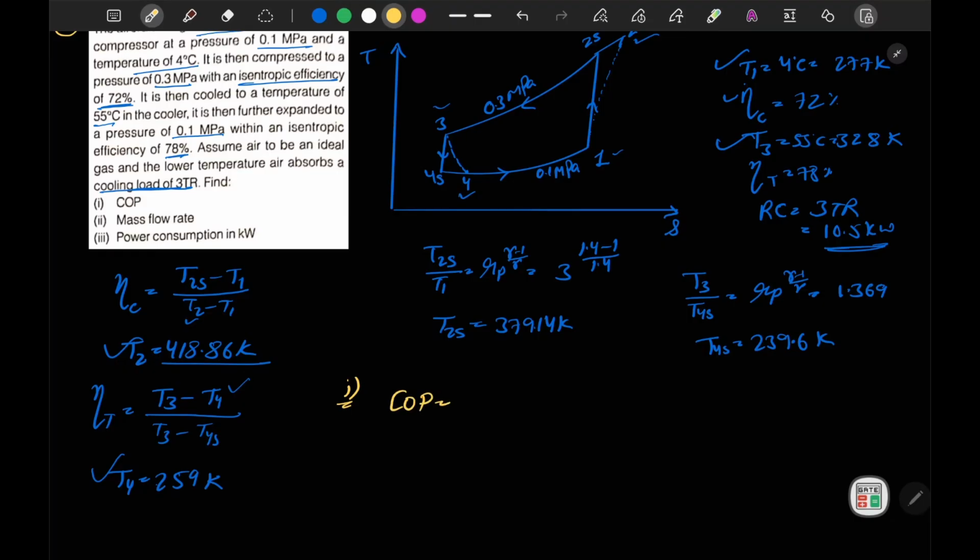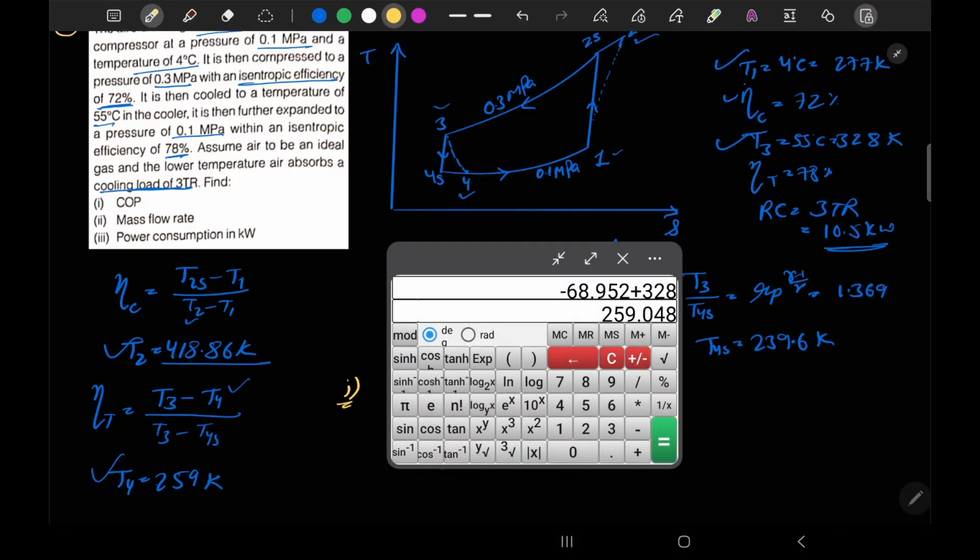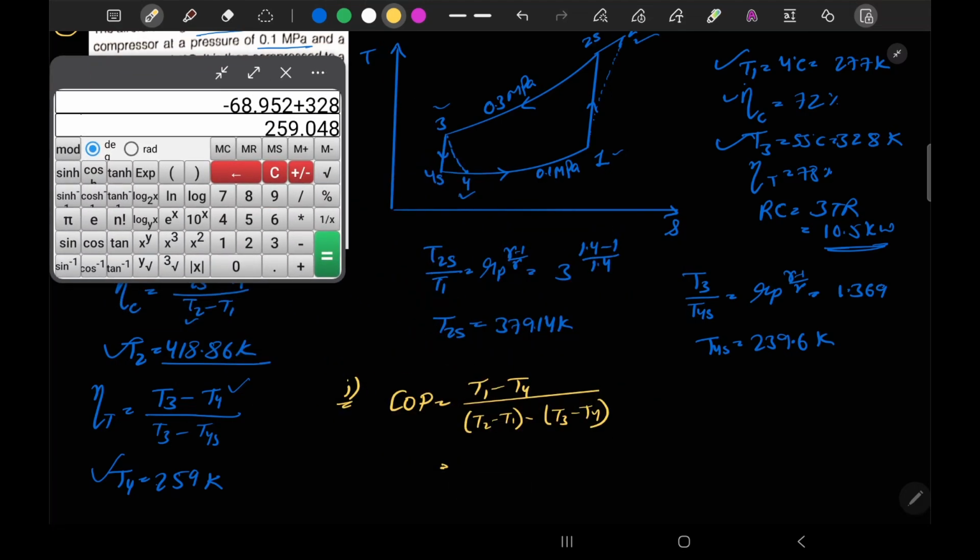So COP is our refrigeration effect, that is our desired effect, upon work input. The desired effect here is T1 minus T4, and the work input is given by T2 minus T1 minus T3 minus T4. Now let's first solve the denominator.